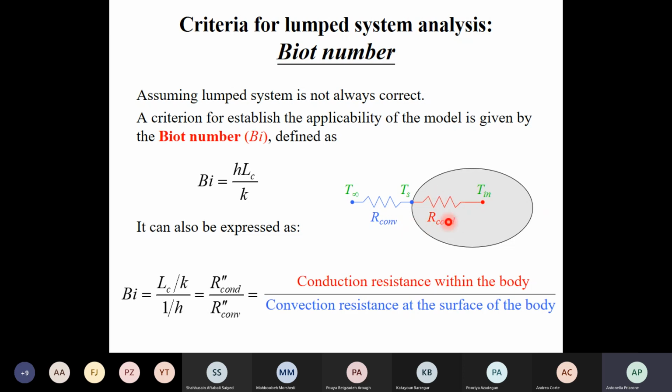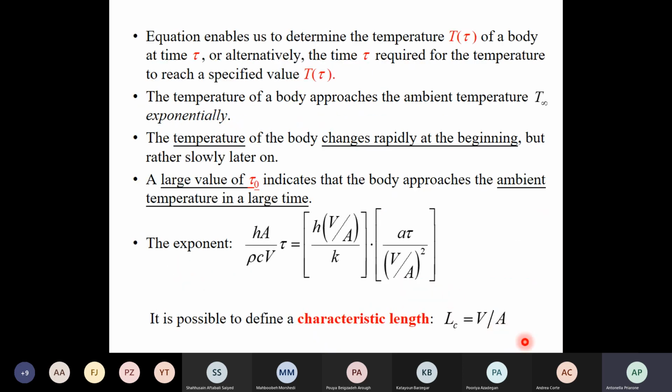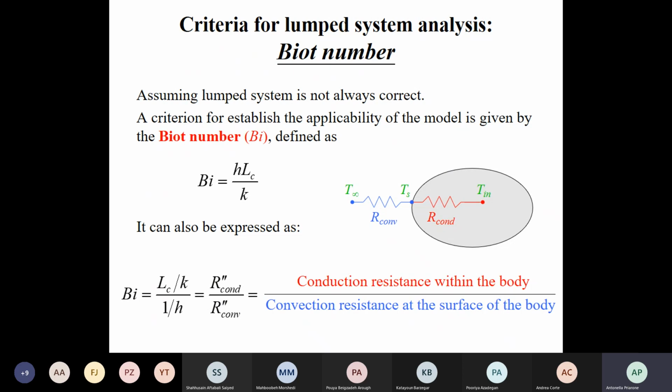Okay, and it is the conductive thermal resistance, which depends on what? On the shape, the dimension of a body, and the thermal conductivity. So this thermal resistance can be written as Lc, defined as previously as the ratio between the volume and the area (the more compact the body, the better the approximation of lumped system), divided by the material property, the thermal conductivity.